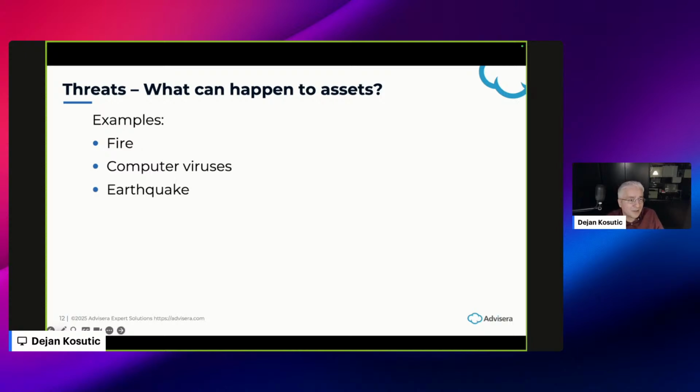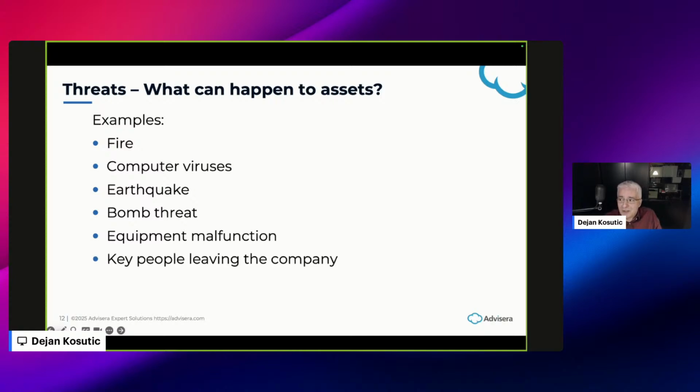Earthquake, again, this is related to your physical infrastructure. A vulnerability here would be that you do not have any business continuity plans, and earthquake is a threat. Bomb threat, again, this is related to assets and that you don't have incident response procedures. Equipment malfunction: if you have some kind of specialized equipment, and the vulnerability is that it is obsolete, say 15 or 20 years old, then a threat is a malfunction.